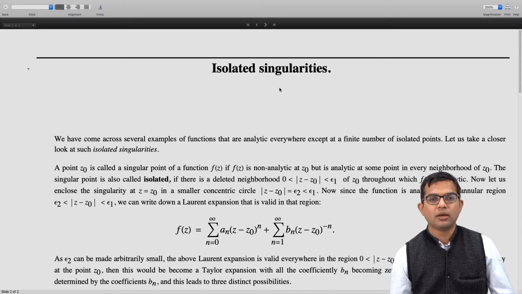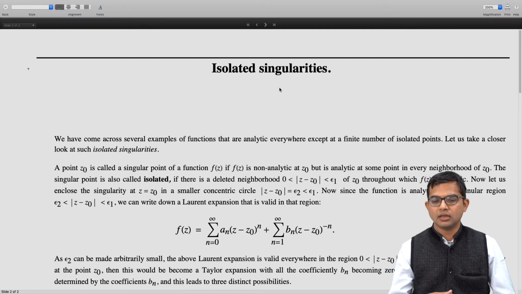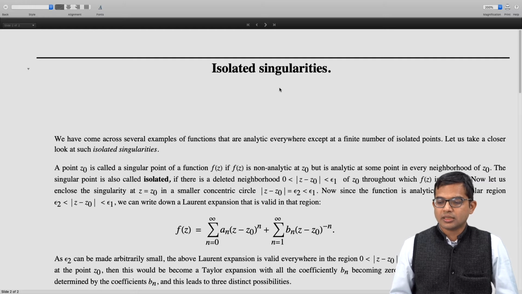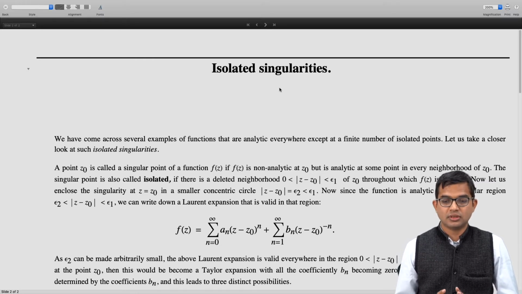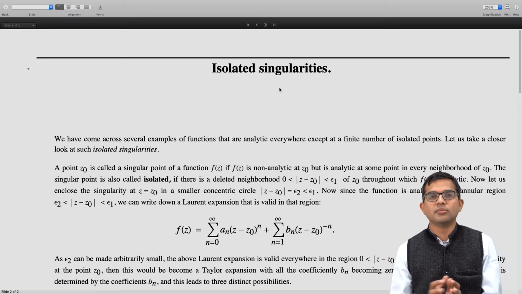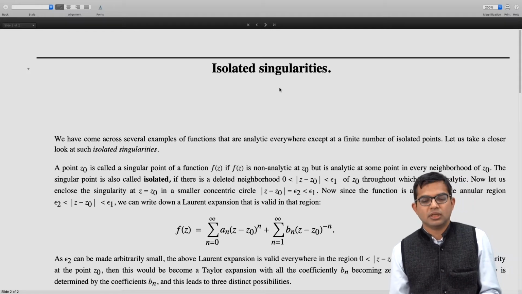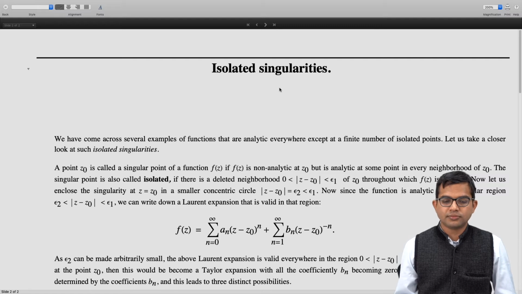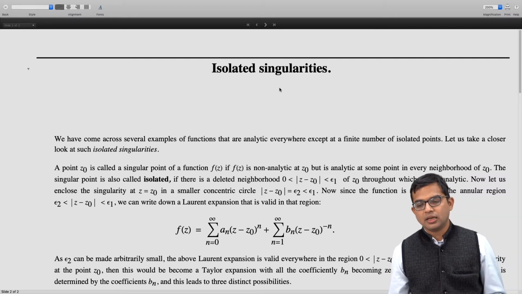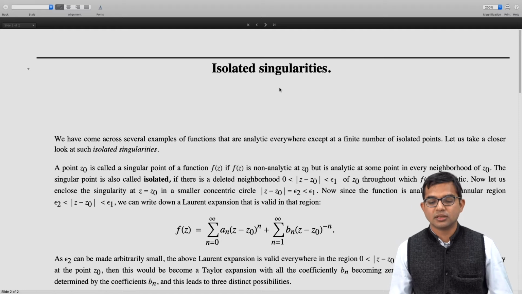We call a point z0 a singular point if it is non-analytic, but it's analytic at some point in every neighborhood around z0. So you'll always be able to find some analyticity in the neighborhood, then it's a singular point. But it's also called an isolated singular point if it's analytic everywhere in its neighborhood.